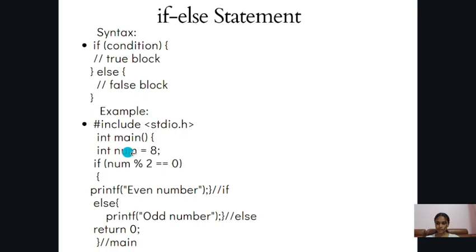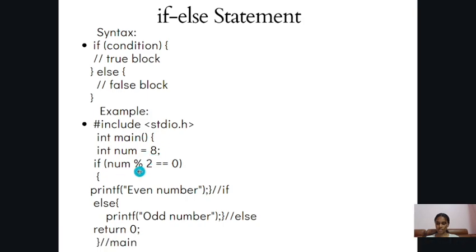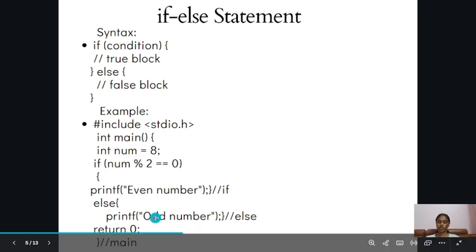We declared number equals 8, and this is the condition for the if statement. If the if statement condition is true, the if block of the code executes. If the condition is false, then the else block of the code will execute.